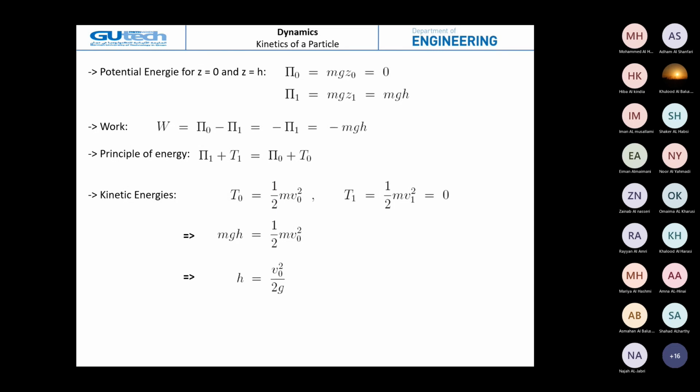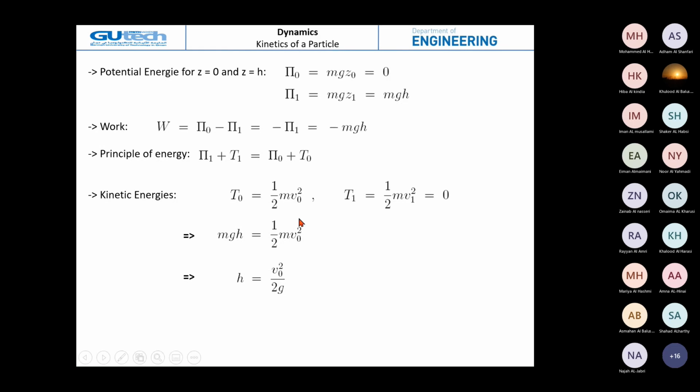At time t0 the velocity is v0, but at time t1 the velocity v1 will be equal to 0, as the mass m reaches a certain height until the velocity vanishes. So the kinetic energy at time t1 is equal to 0.